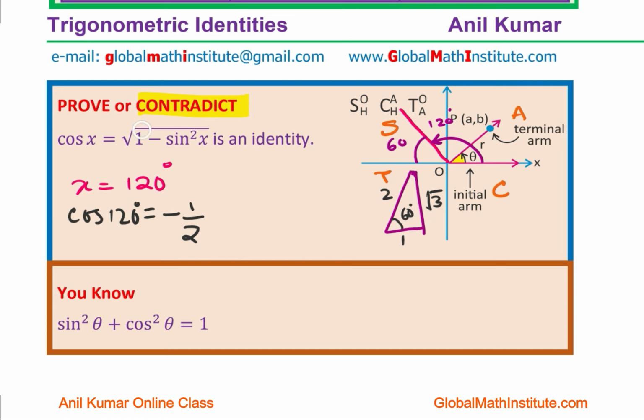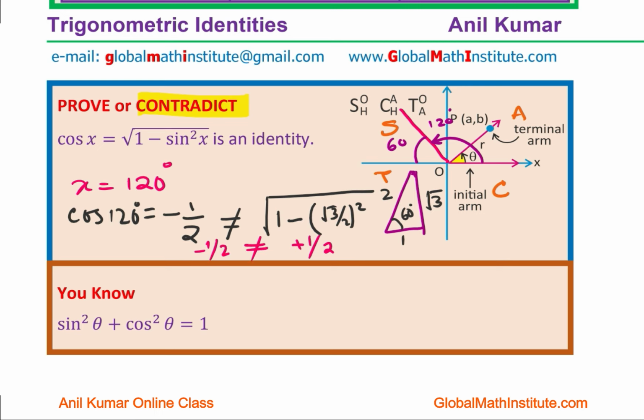However, the square root will be positive, right? So that shows it is not equal to the square root of 1 minus sine square x, where the value of sine x is square root 3 over 2, so square root 3 over 2 whole square, right? Because the right hand side is positive. You see that? The right hand side is positive half. The left hand side is minus half. And they are not equal.